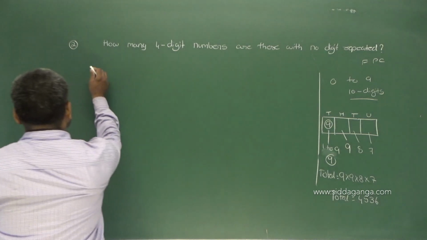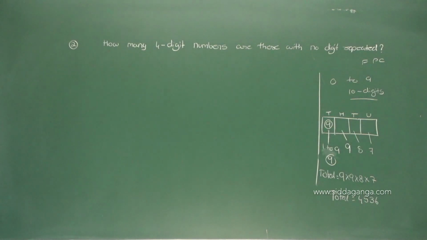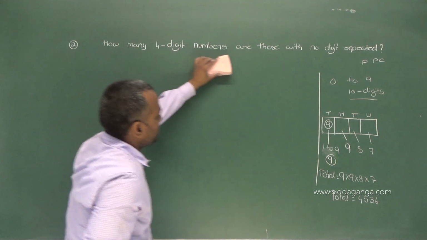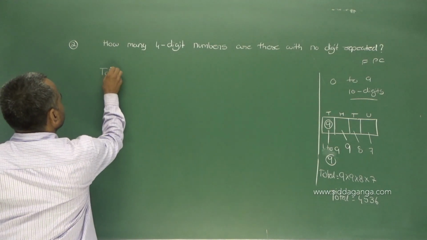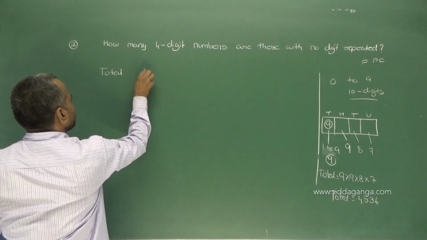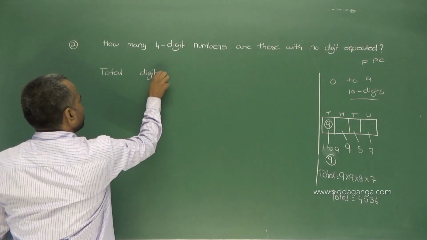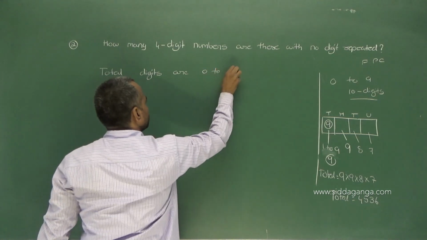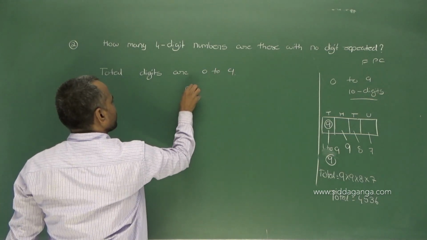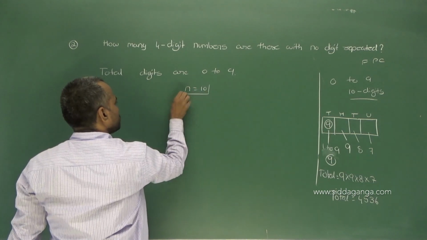Okay, so we write the answer. The total digits are 0 to 9, so n is equal to 10.